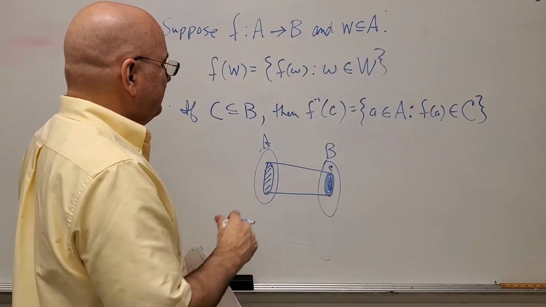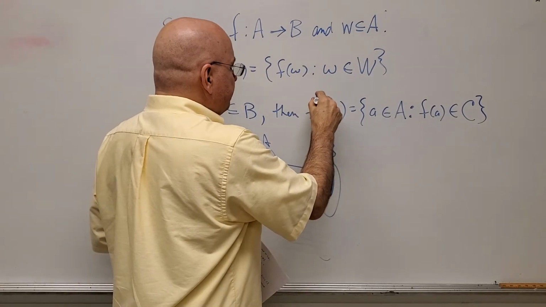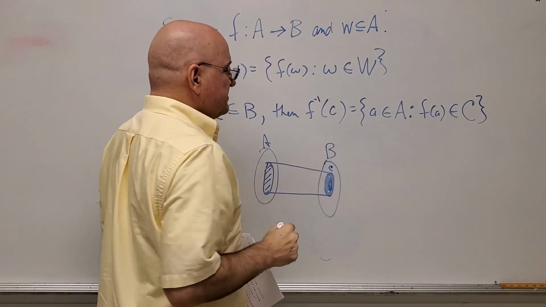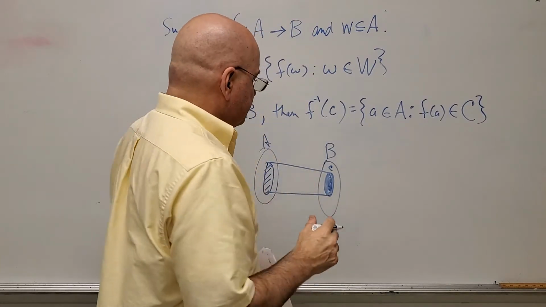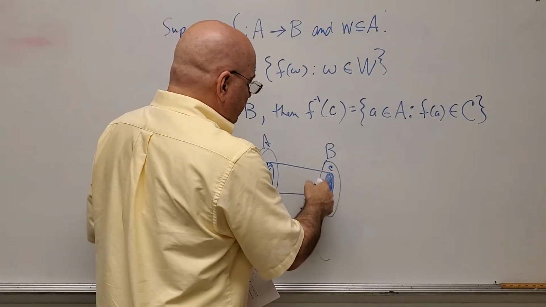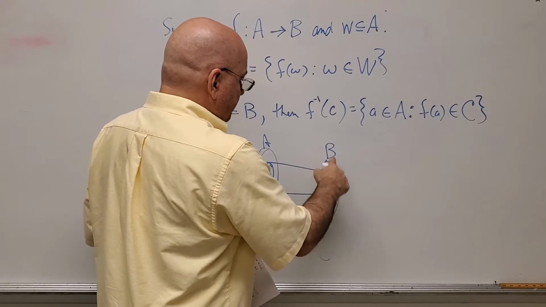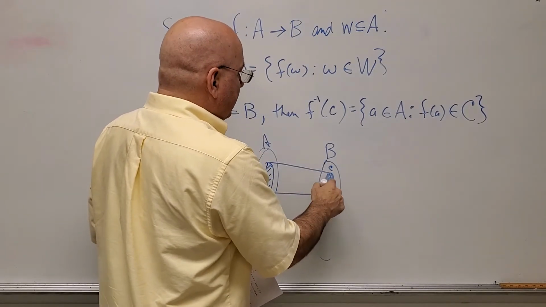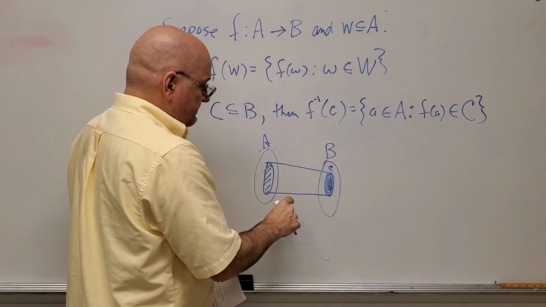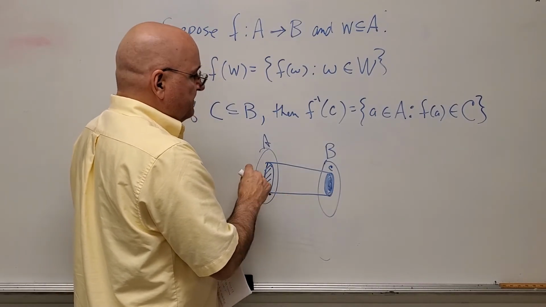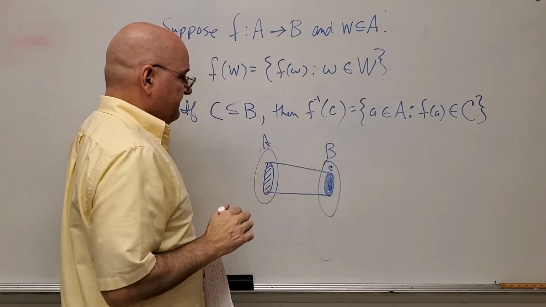And this is interesting because the definition of f inverse of C doesn't really even require that f be invertible. It simply says if you're an element in this set B that gets mapped to from A, then you're in f inverse of C.